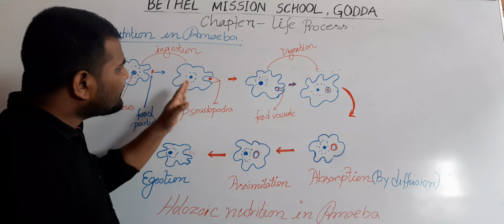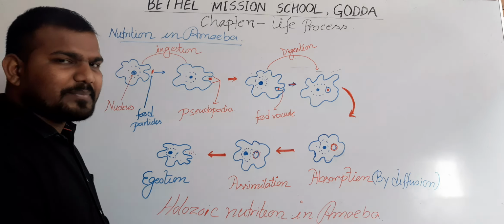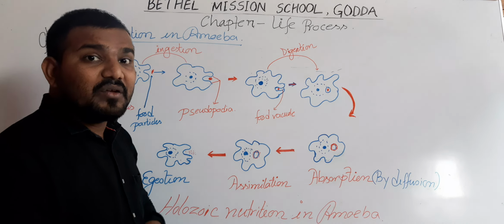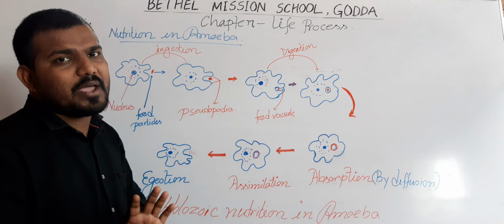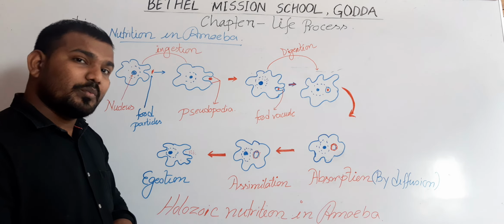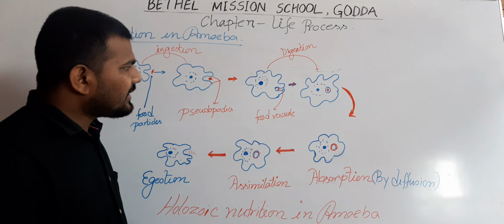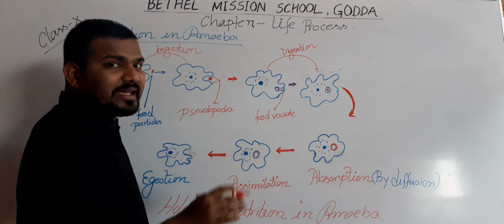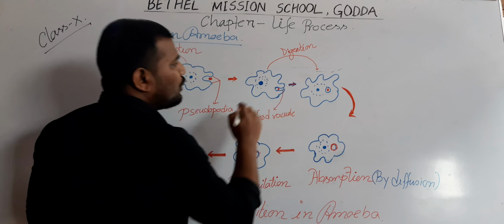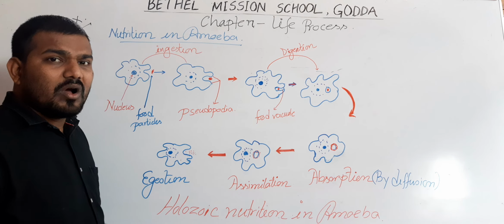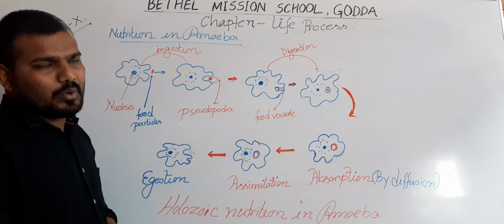Now these food materials are captured or ingested by phagocytosis. Phagocytosis is the process by which the cell consumes food. When the pseudopodia surround the food material, they form a false vacuole, which in amoeba is the food vacuole or the phagocytic vacuole.